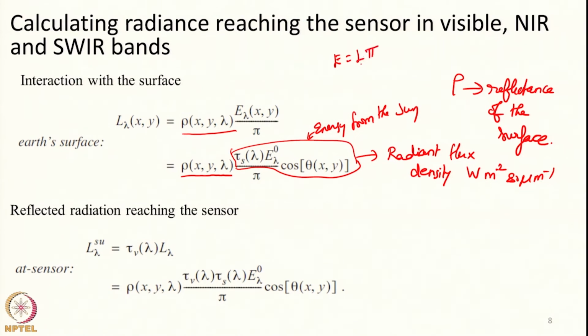E is the radiant flux density, L is radiance, pi is the relation between them. So, L is equal to E by pi. Assuming the surface as Lambertian, the radiance leaving the earth surface is whatever came from the sun, multiplied by the reflectance of the particular surface, divided by pi.